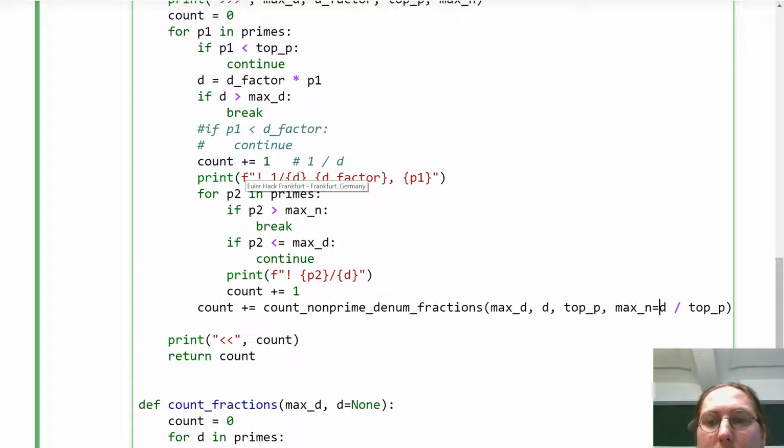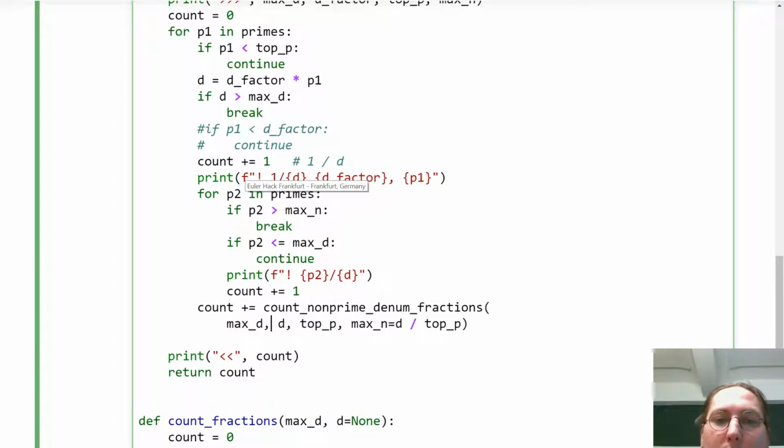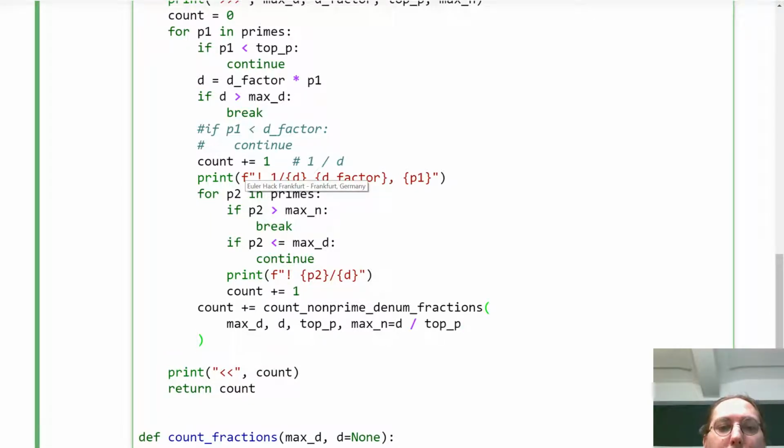For all primes, max d. And you go until max d. You can go until the square root of a million, because higher primes only count once in total.